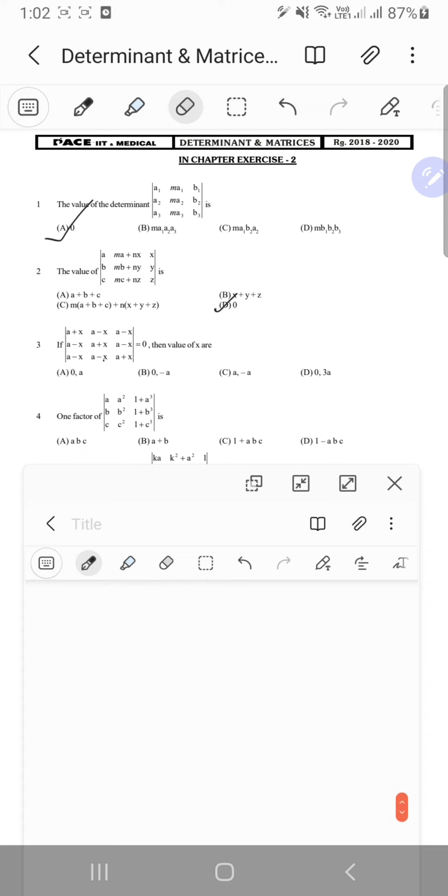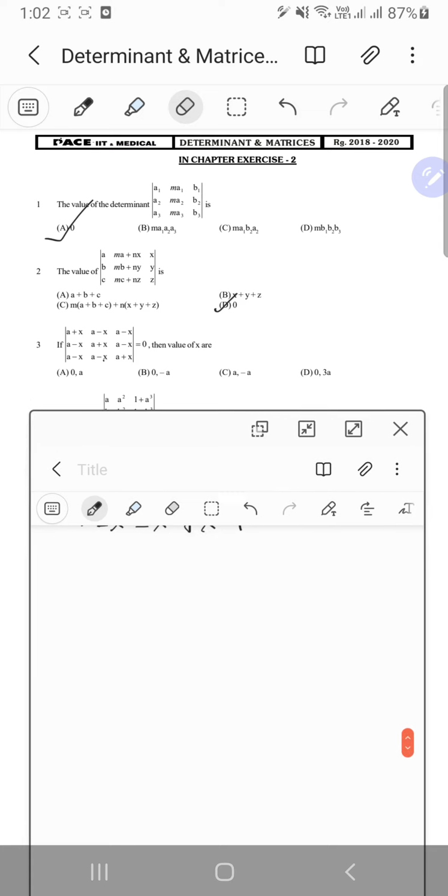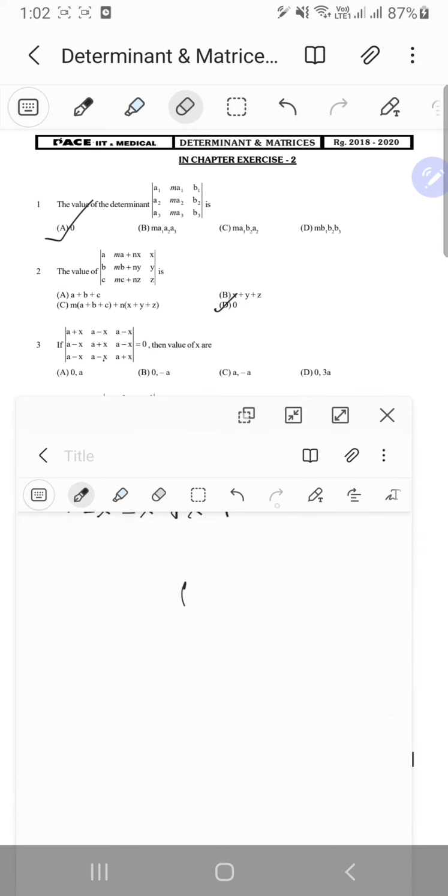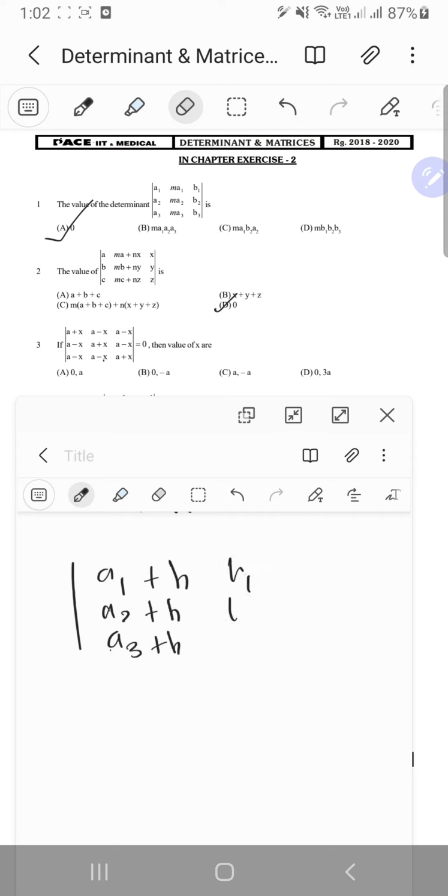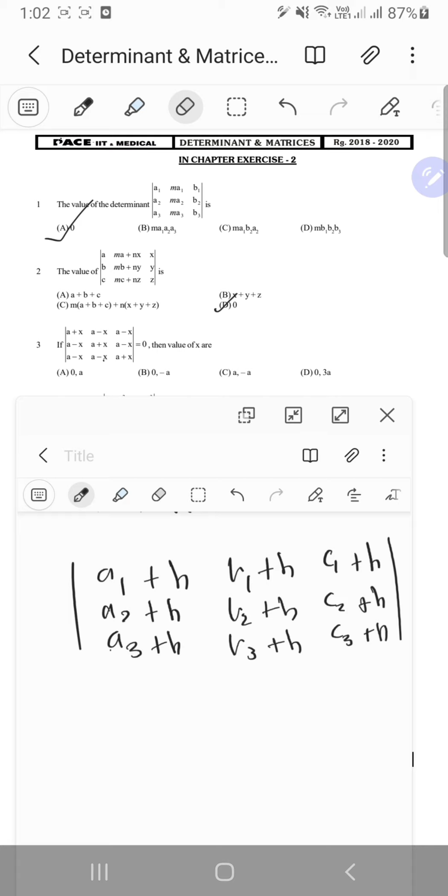Oh, so maybe we can actually derive a full identity from this thing. So this is of the format something like this: a1 a2 a3 plus something, so h for example, plus h, and b1 b2 b3 plus h plus h plus h, and then c1 c2 c3 plus h plus h plus h, right? That's what it is like.